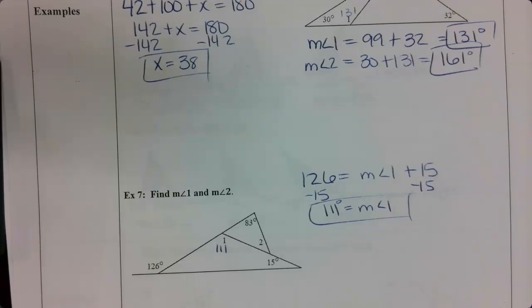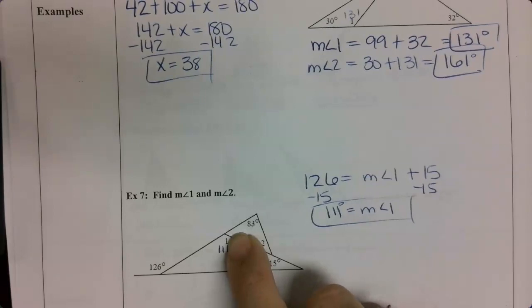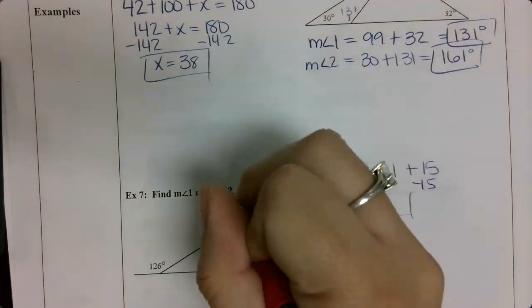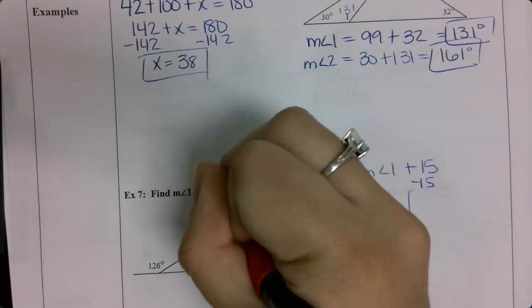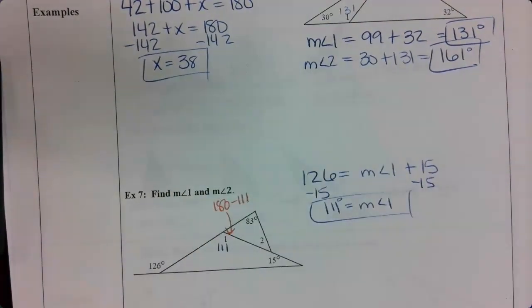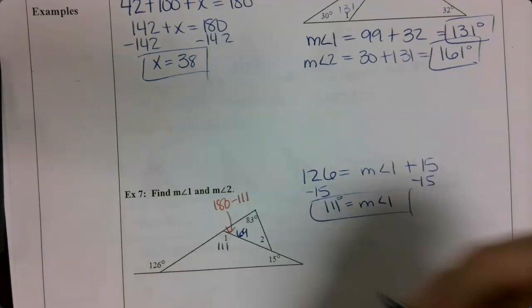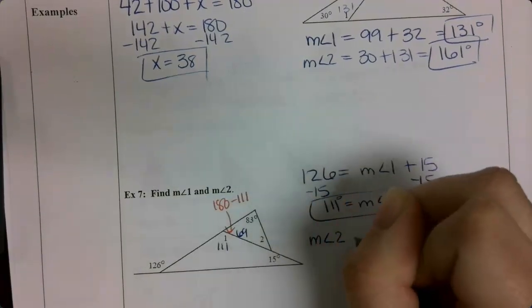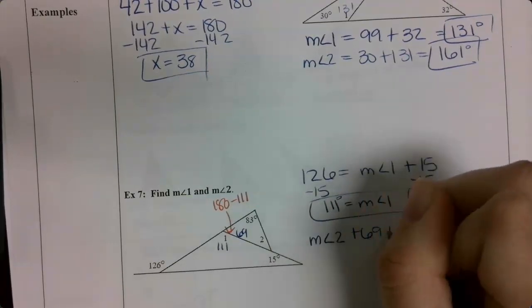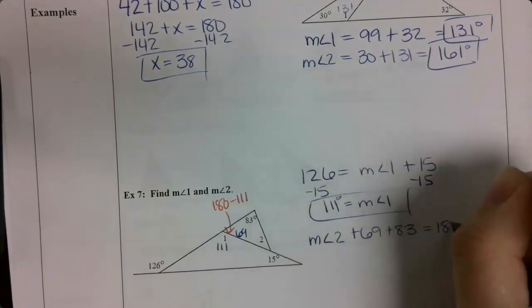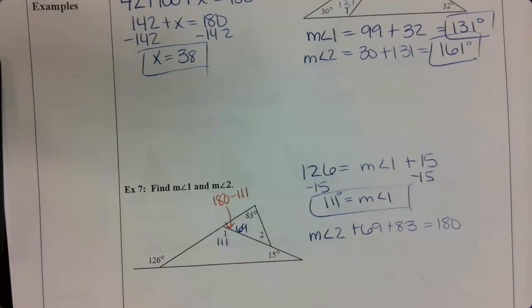So then to find angle 2, there aren't any exterior angles I can use, but I know that angle 1 and this missing angle make a straight line. So I can do 180 minus 111 to get that angle, which gives me 69. So then to find the measure of angle 2, I'm going to be adding that to 69 and 83, and this should equal 180 because all three of those are inside the triangle.